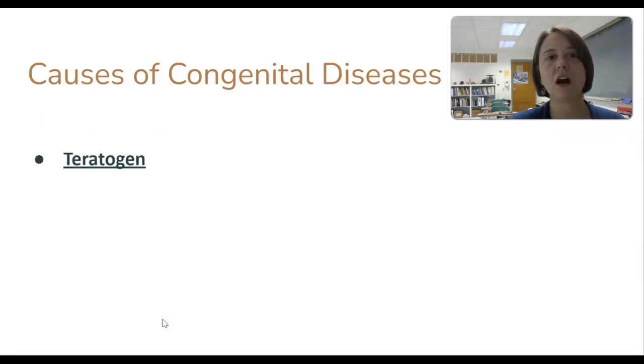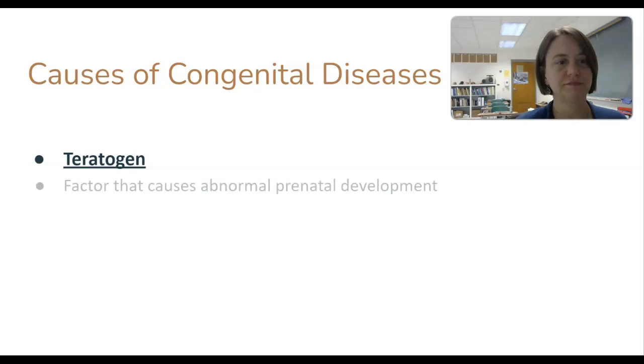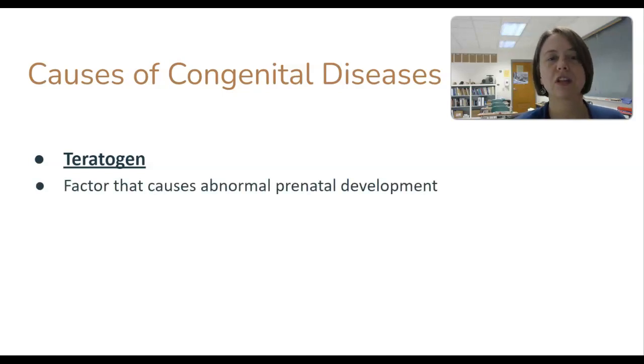Okay, another cause of congenital diseases besides a lack of essential nutrient is these things called teratogens, which are factors that cause abnormal prenatal development. So one of them is a maternal infection.